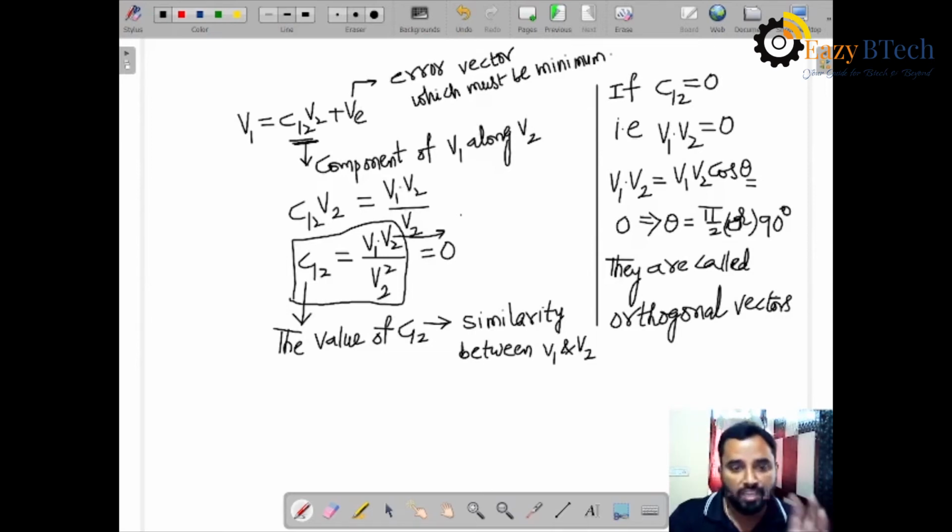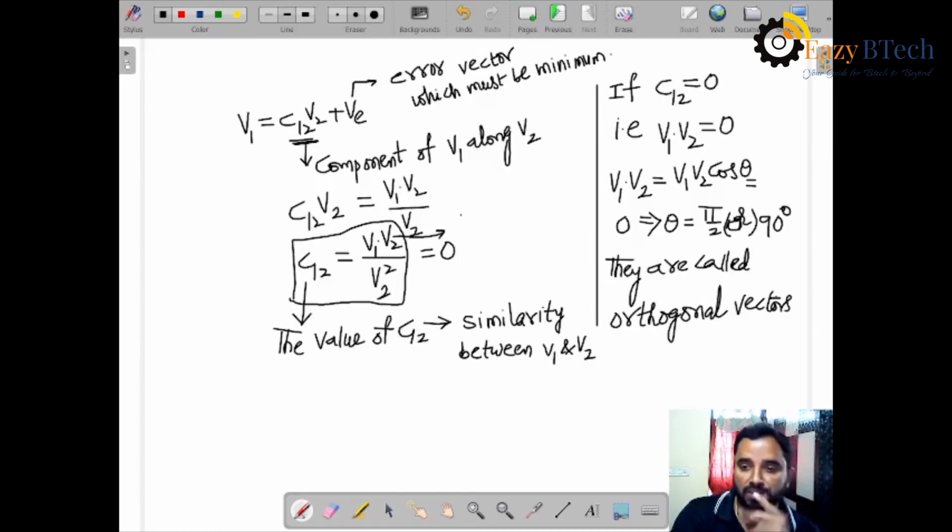The same orthogonality concept we are going to see for signals. Here we have taken two vectors V1 and V2 and written V1 in terms of V2 with minimum error. We have seen the formula C12 is V1 dot V2 by V2 square, and the C12 value indicates the similarity between V1 and V2. Suppose C12 is 0, V1 dot V2 will become 0.